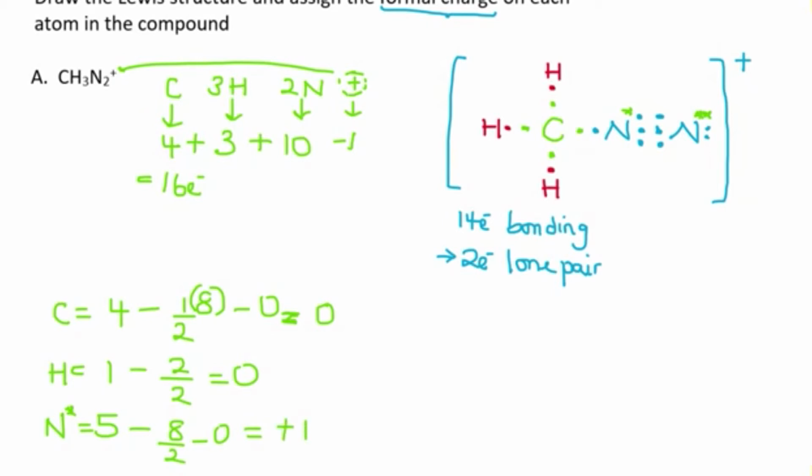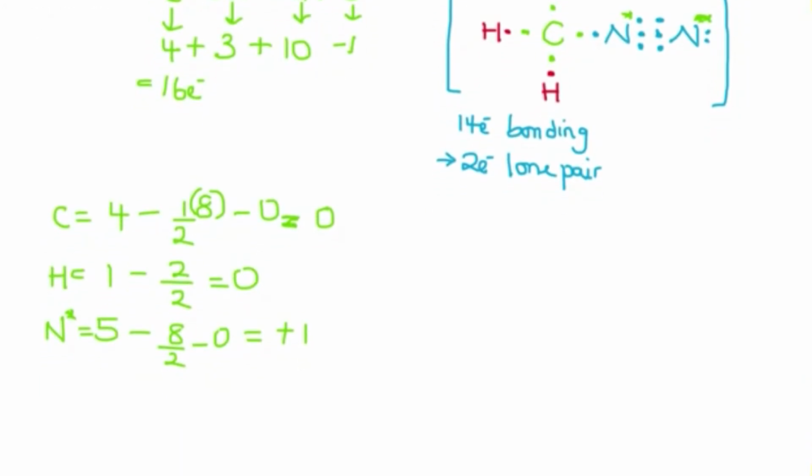Then for the other nitrogen, nitrogen double star, we have 5 valence electrons, subtract 1, 2, 3, 4, 5, 6, so 6 divided by 2, minus the number of lone pair electrons, which is 2. So this is 5 minus 3 minus 2, which gives us 0.